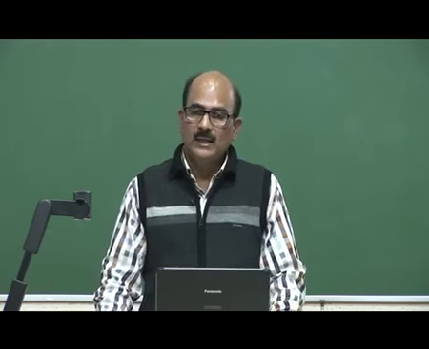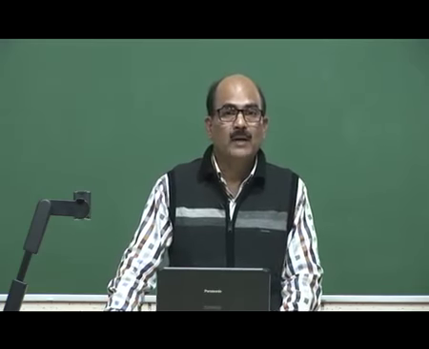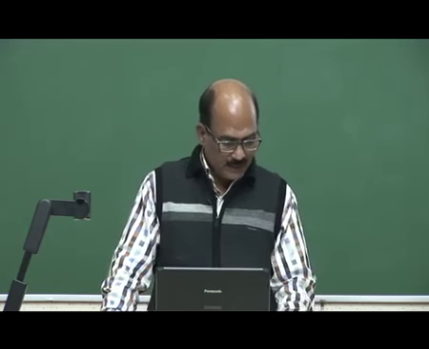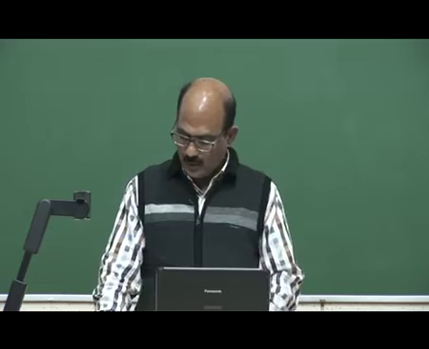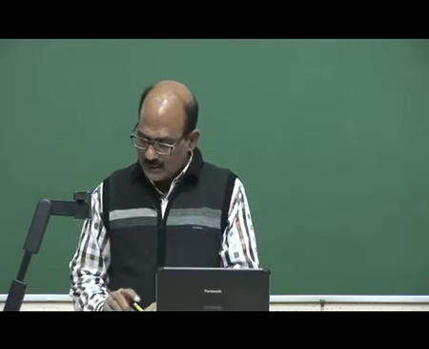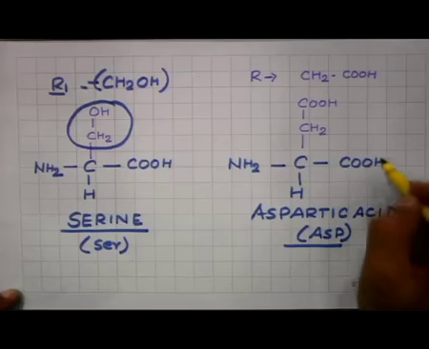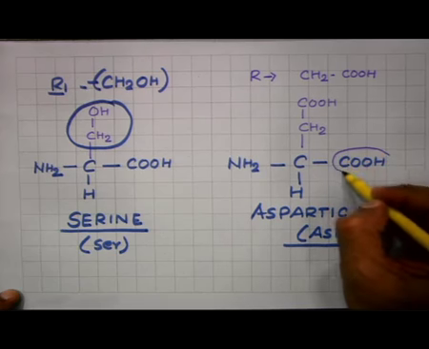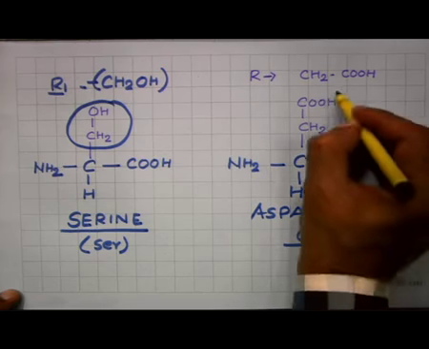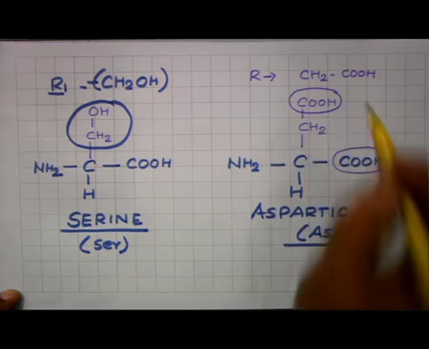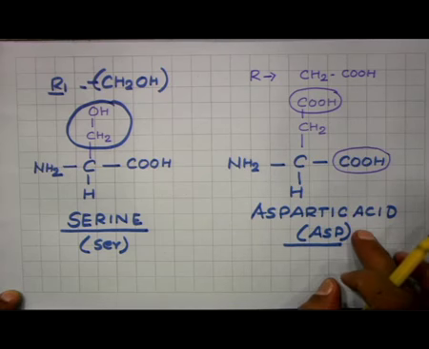Only you understand the changing of R1 group, you can easily make different types of amino acids. So, here you can see in this aspartic acid there are 2 COOH groups. It means in aspartic acid there is the dominancy of acid group.